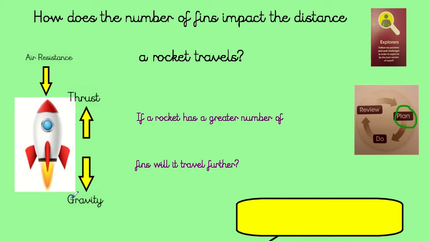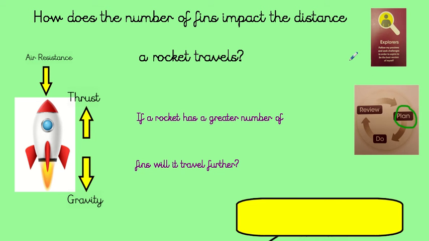And that gravity is the reason that objects fall to the ground. They are being pulled towards the centre of the Earth. Air resistance is the force of air pushing against something as it moves forward. So as the rocket is being thrusted into the air, air resistance will be pushing against it, trying to slow it down and stop it moving.